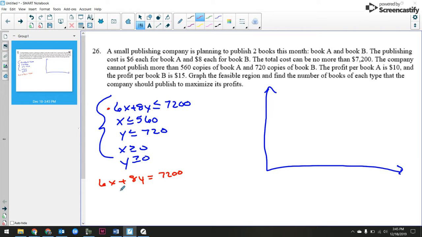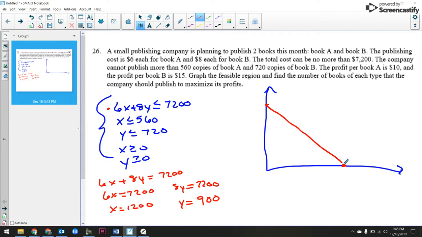To find the intercepts, 6x equals 7,200, so dividing over, x equals 1,200. Same for y: putting 0 in for x, 8y equals 7,200, so y equals 900. Here's 900 up there, here's 1,200 down there, and there's my line.